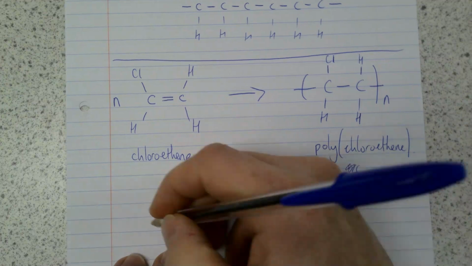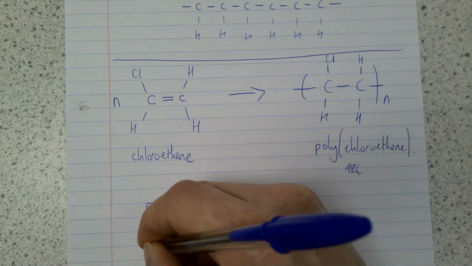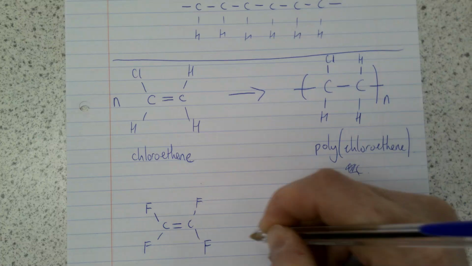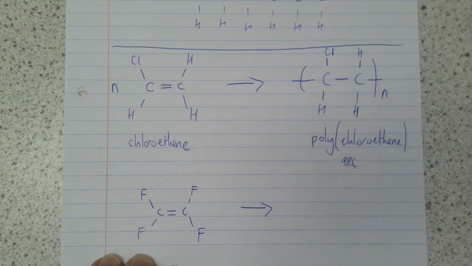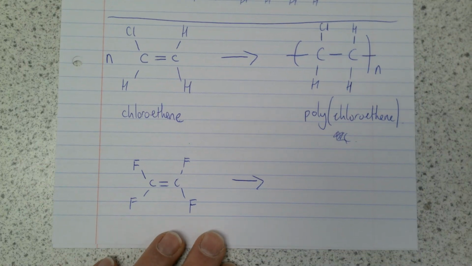Let's do another one. Let's do this one, you're getting the hang of this now, so I'm going to give you a little bit less help. Can you have a go at drawing what the polymer would look like, the repeat unit, I should say, for this polymer? I'll give you a little head start, then I'll draw it. Just draw it straight onto your page and correct it if it's wrong.